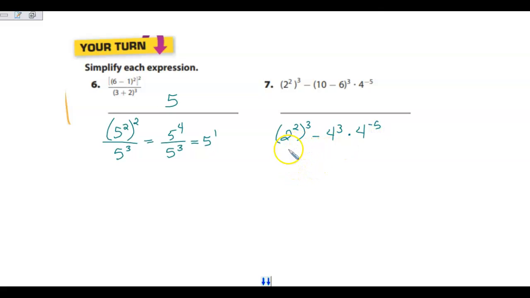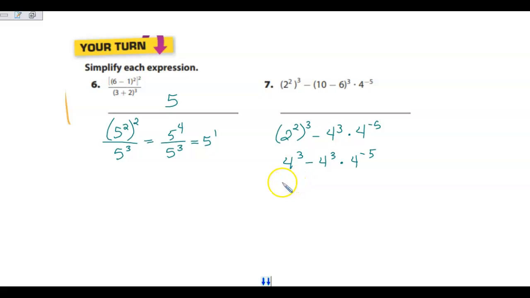And something I'm noticing is that this is a base of 4, this is a base of 4, and this could be a base of 4 because 2 squared is 4. So we have 4 to the third power minus 4 to the third power times 4 to the negative fifth power. Okay?